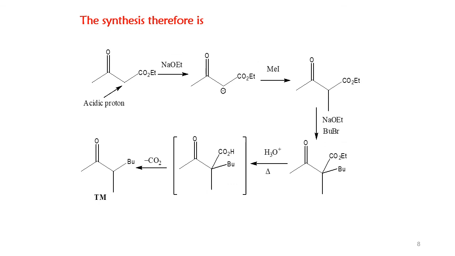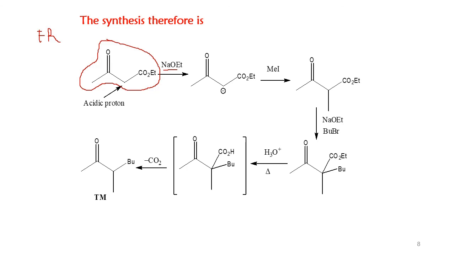Therefore, the forward synthesis, or the forward reaction, for that particular target molecule is where you have this starting material just now, and then you react with base, so you will get CH2 minus.